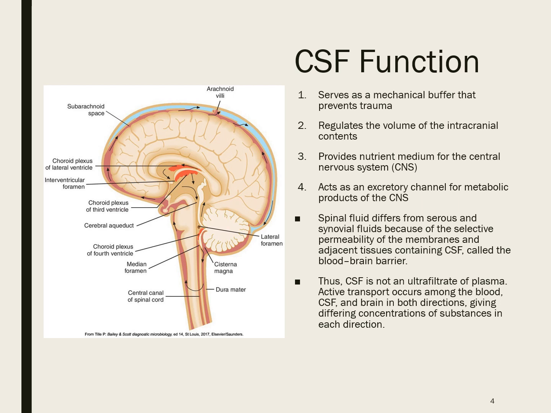Spinal fluid is different from other fluids like the serous fluid or synovial fluid because of the selective permeability of the membranes and the adjacent tissue containing spinal fluid. And so this system is called the blood-brain barrier, and there's a fine line there between things that can cross that barrier and things that can't.